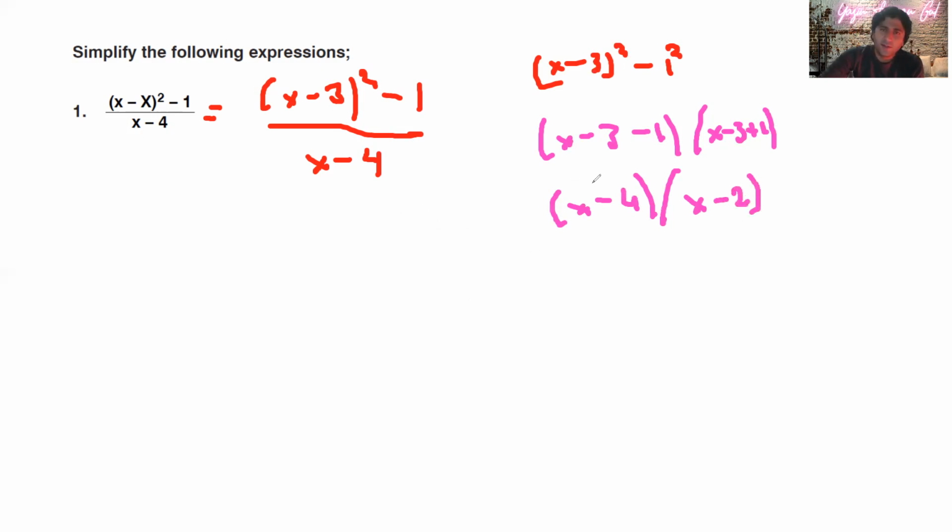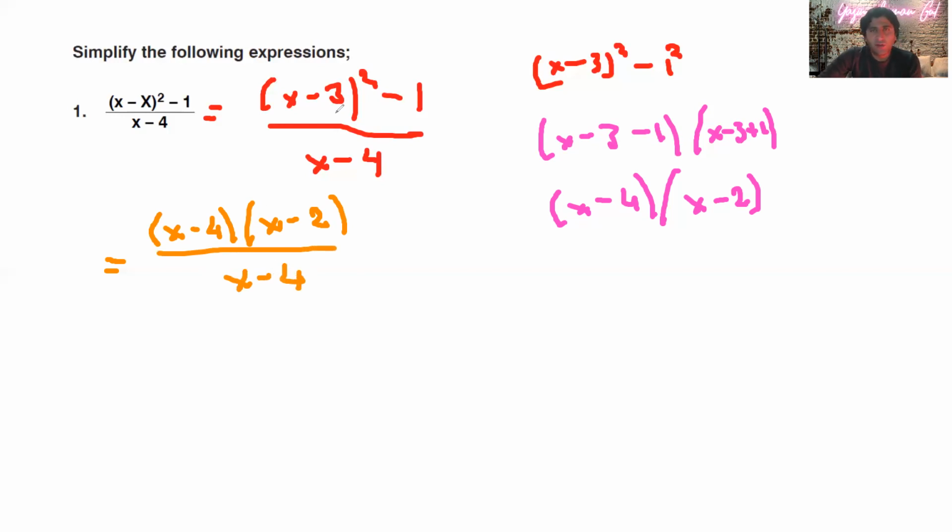Right. Then, since that's how this is going to be, I'm going to rewrite everything. Okay, let me write this with a different color. This equals, instead of (x minus 3) to the power of 2 minus 1, I'm going to write x minus 4 times x minus 2, right, divided by x minus 4.